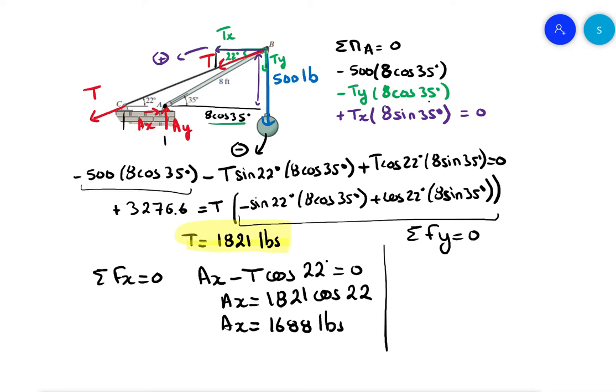And for the y, we can do sum of the forces on y equals 0. So on y, we have AY minus T sine 22, and don't forget the minus 500 equals 0.